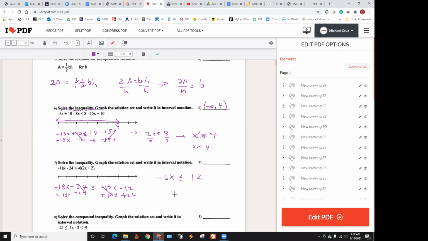Now, here's where we got to watch out. It's an inequality. When we introduce that negative sign here, it turns this around.